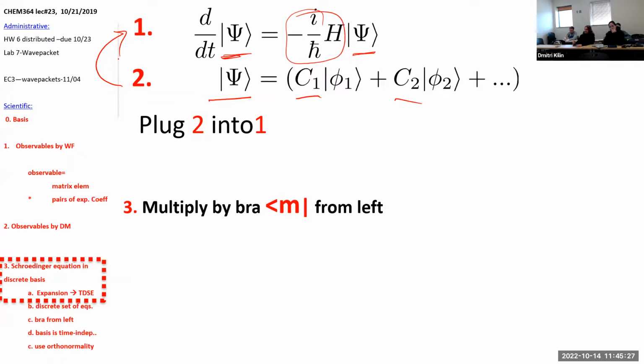So when we plug 2 into 1, it will still be an equation that includes basis functions. And our goal is to live without basis functions, to remove them completely. Make sense? So we need to set up an equation where there will be no phi1, phi2 symbols. And we do have a tool to remove wave functions from anywhere.